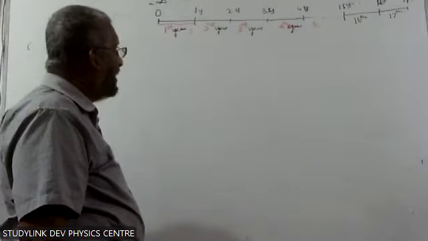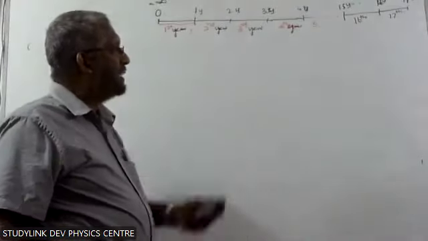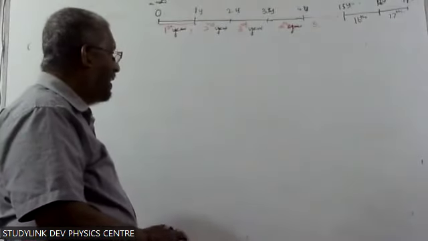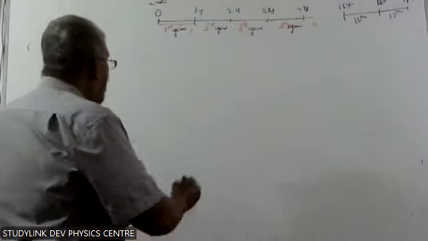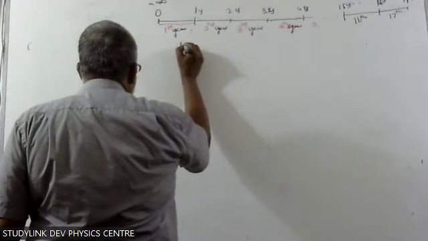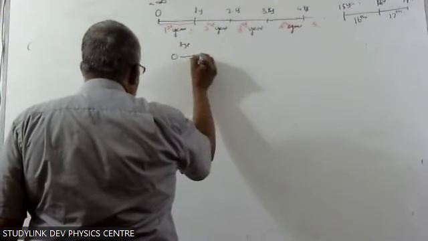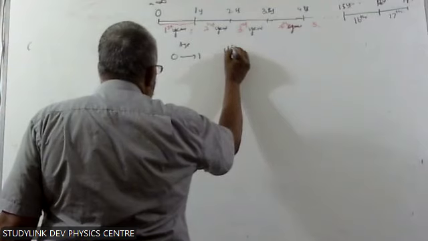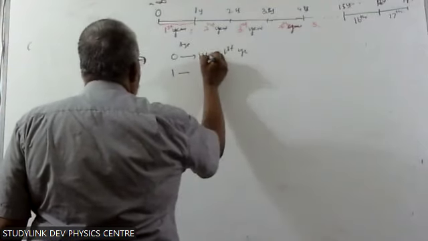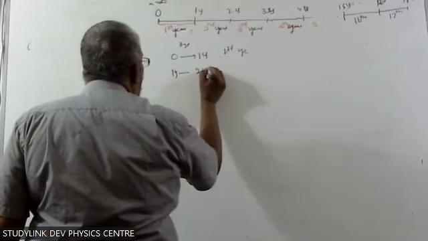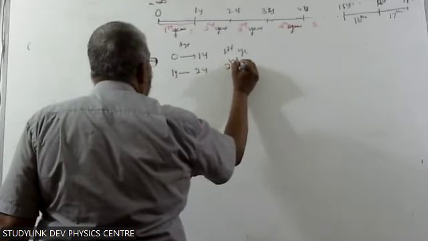So like that we can say year-wise, just note it down. A person's age 0 to 1 is the first year. 1 to 2, second year.